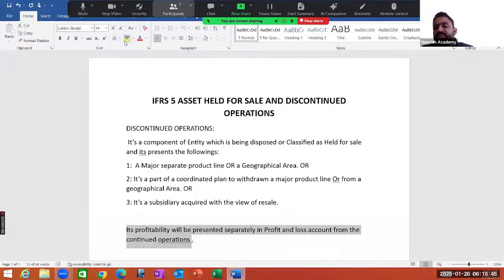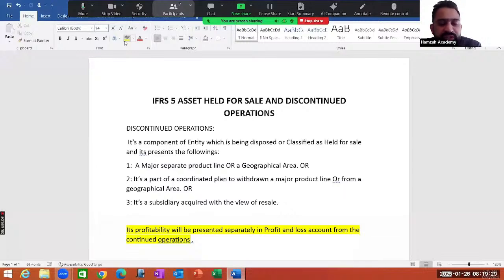If we have a discontinued operation, then the profitability related to it should be presented separately in the profit and loss account from the continued operation. It could be in a single line, or we can show a detailed profitability. When we say detailed profitability, that means along with the continued operation profit and loss account, we will also prepare the profit and loss account of the discontinued operation on the face of the profit and loss account.